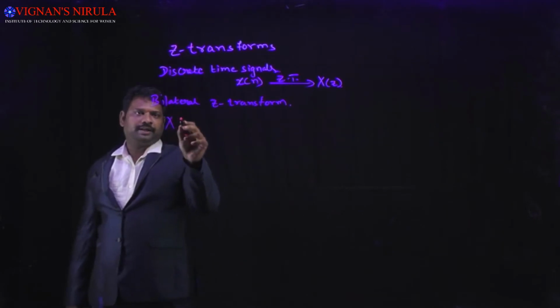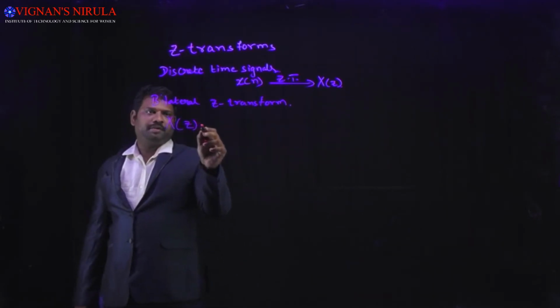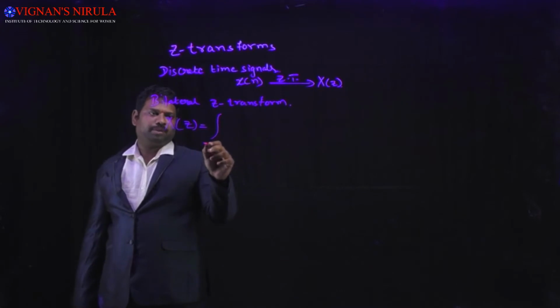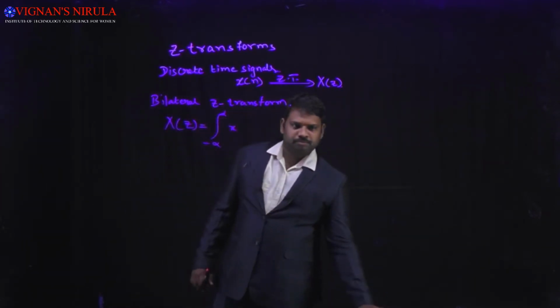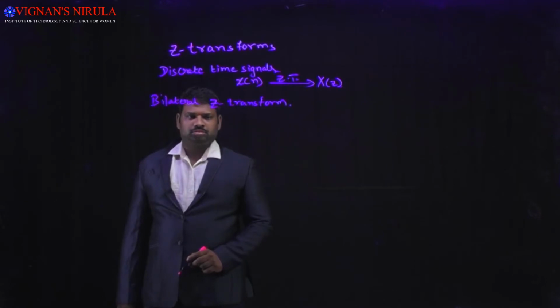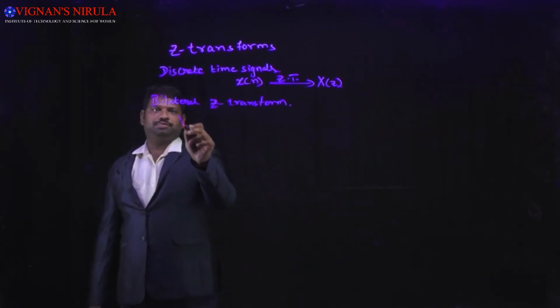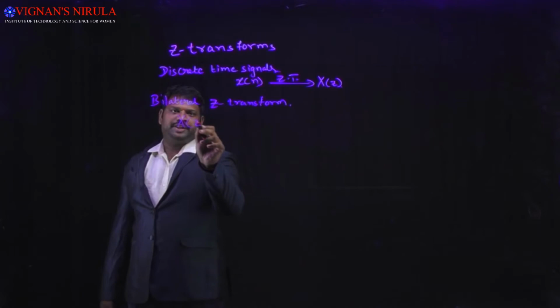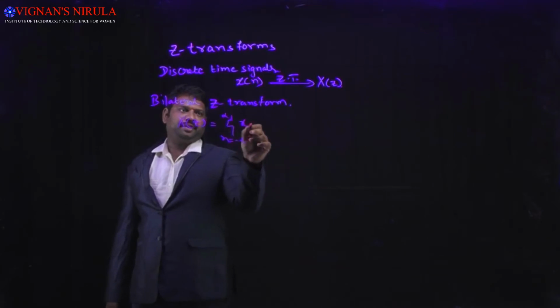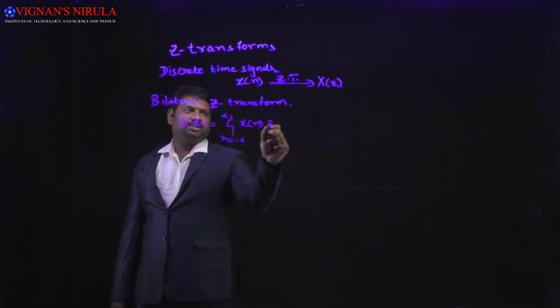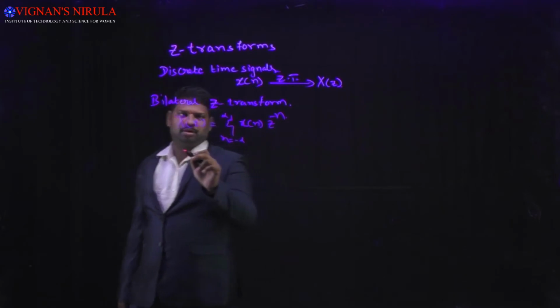The bilateral Z transform will be given by x of z is equal to summation n varies from minus infinity to infinity x of n z power minus n.